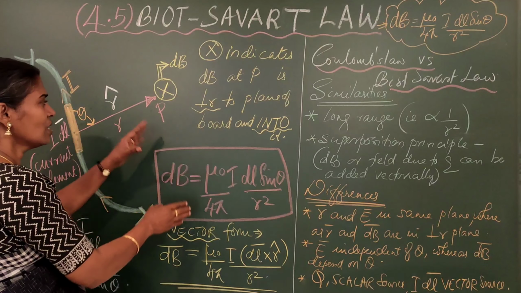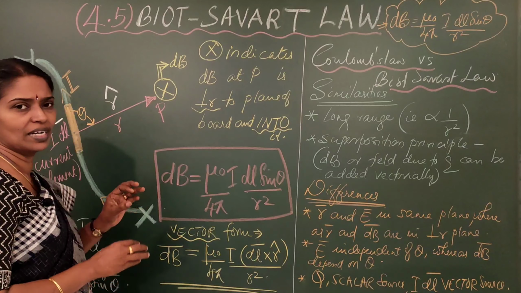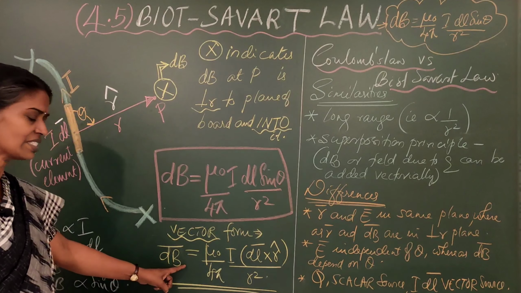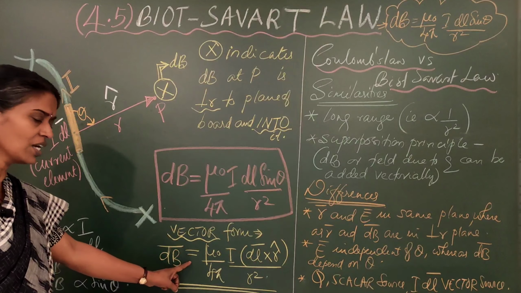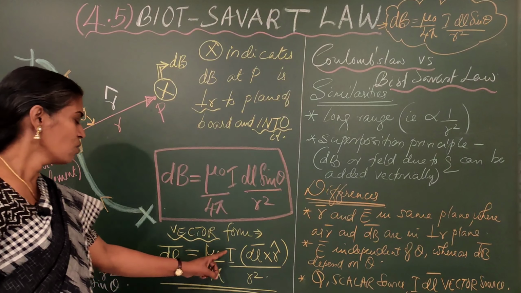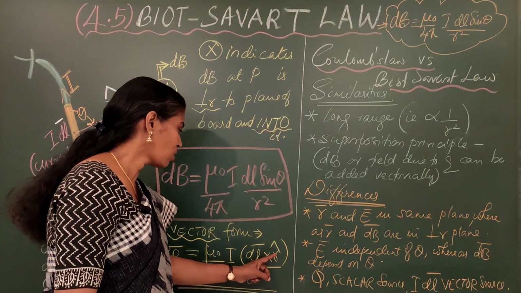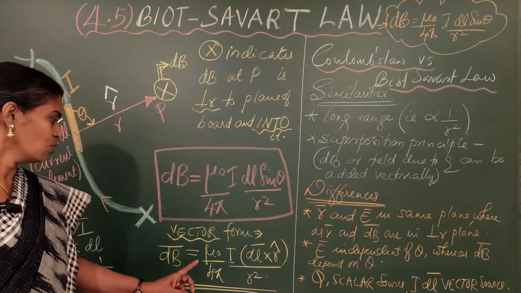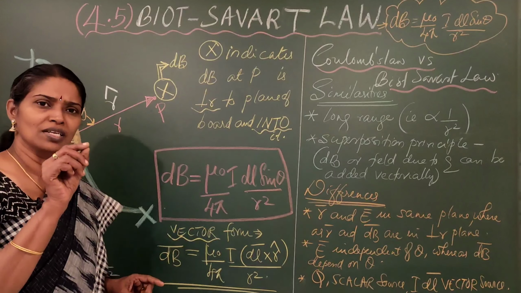So it is very clear what the direction of the magnetic field at the point P is, and you can find that only from the vector form: dB bar equals mu 0 by 4 pi, I dl cross r cap, divided by r square. Now mu 0 is not a new thing.